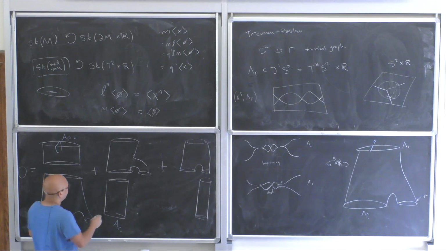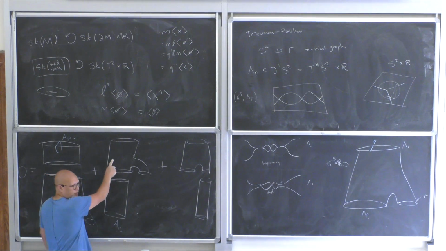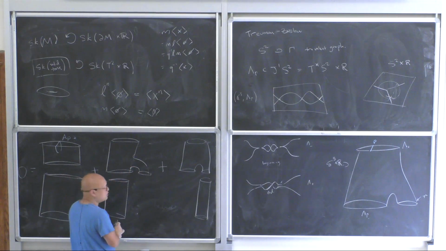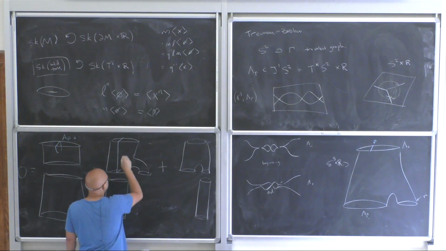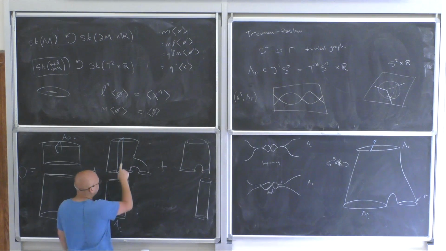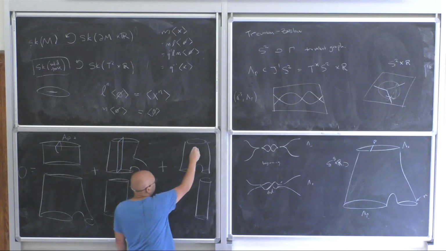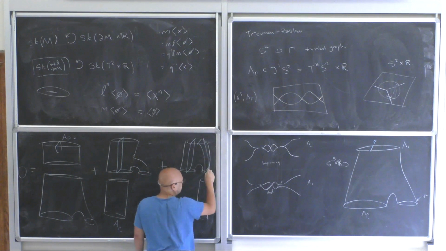We have to prove something, and what we have to prove has to do with this and this. What we have to prove is that in these degenerations, the only thing that happens here is a trivial strip, and here it can be a trivial strip. That's fine, and anything going here.